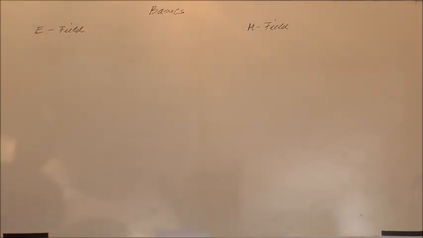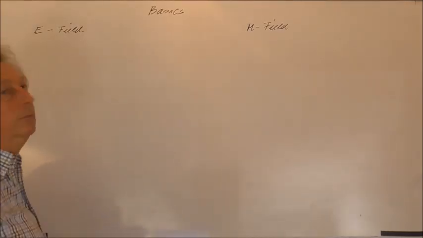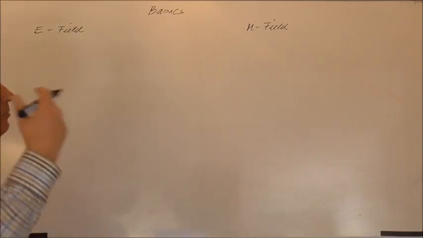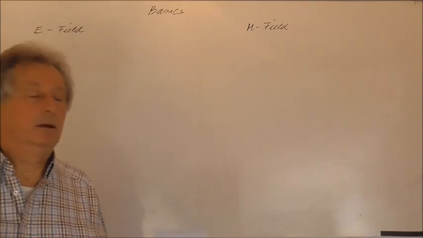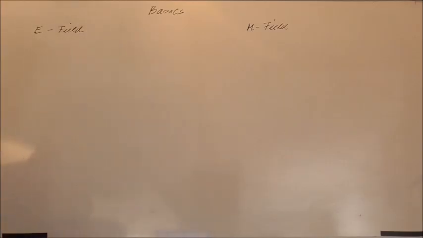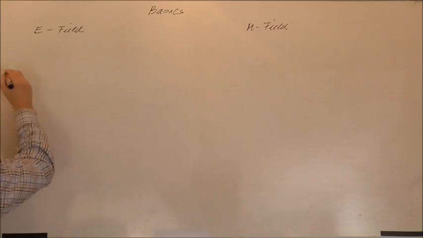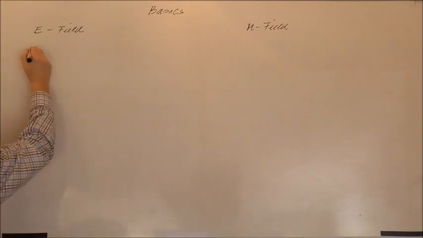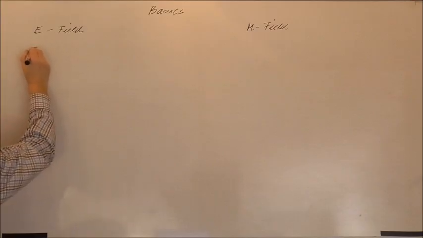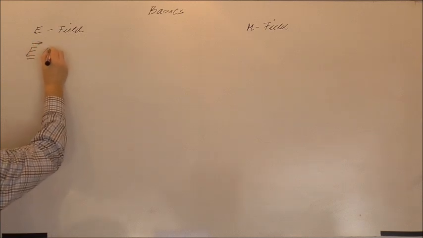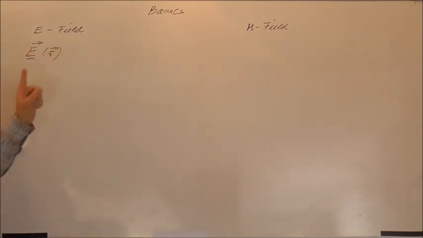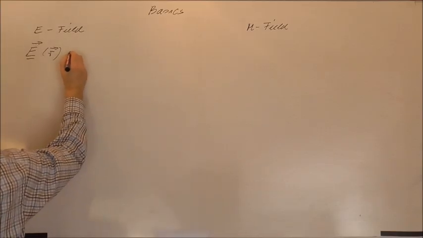So before we can study the plane wave, I will introduce some basics of the electric and magnetic field. If we want to describe the electric field in free space or almost free space, we define a field, which is called the electric field, and this electric field assigns to each point in space a certain vector.